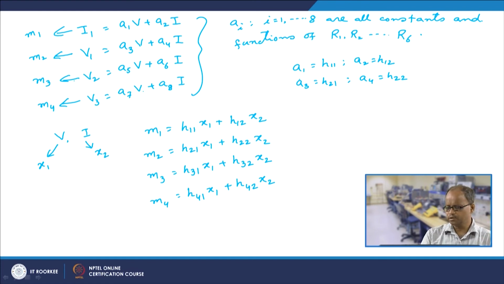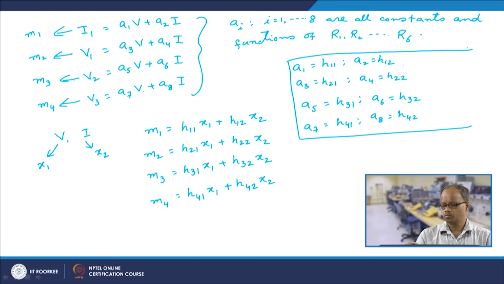Let us just write it for the sake of completion, for the purpose of a more general analysis: A5 is H31, A6 is equal to H32, A7 is denoted as H41 and A8 is H42.